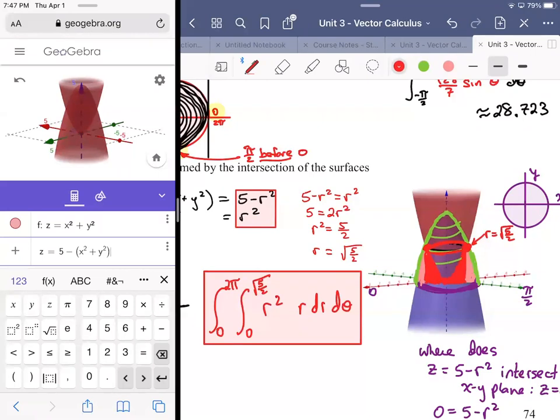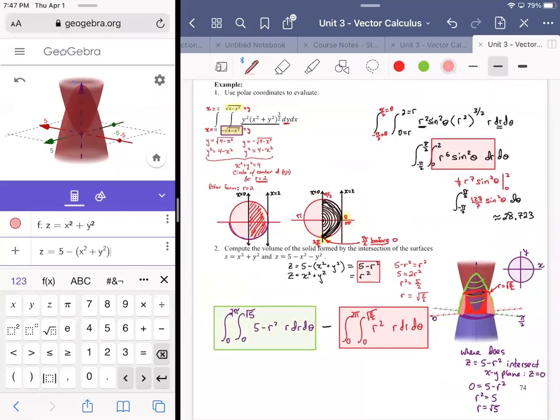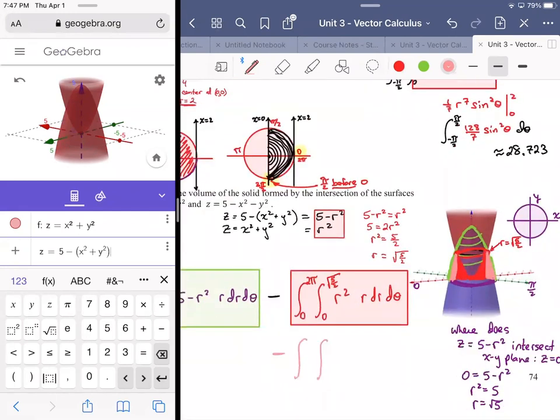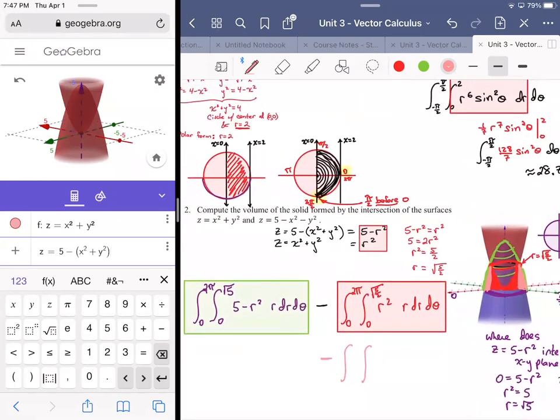But we still got that little pink area that we have to account for, right? So for that, this is what makes it tricky. We have to subtract off another double integral. And that double integral is related to that first function, so 5 minus r squared, r dr d theta.